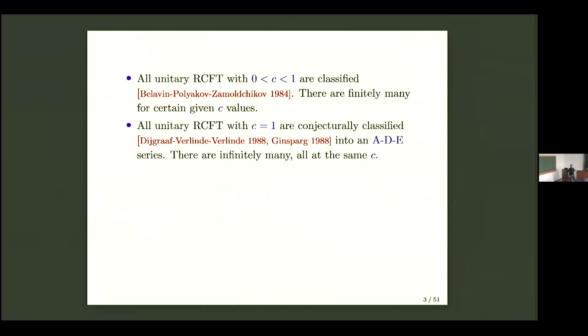People tell me it's still in principle not excluded that there could be something else other than what these authors wrote down. Now, there's no rational value of C greater than 1 for which all unitary rational CFTs are known, none at all. So you can see that the problem, despite 40 years of work, needs to be specified more carefully before we can get any answers.